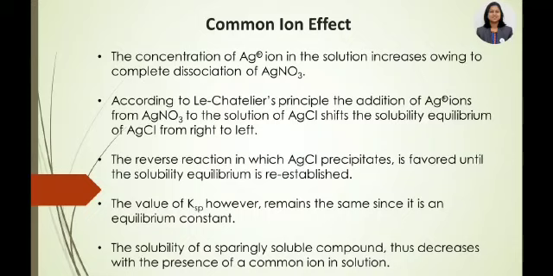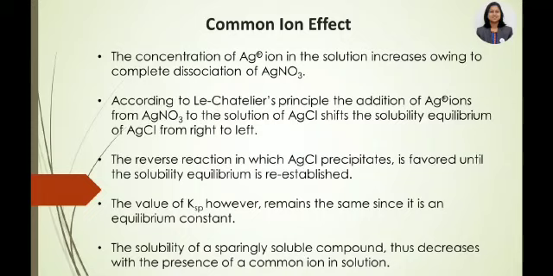The reverse reaction in which AgCl precipitates out is favored until the solubility equilibrium is re-established. The value of solubility product, Ksp, however, remains the same since it is an equilibrium constant.